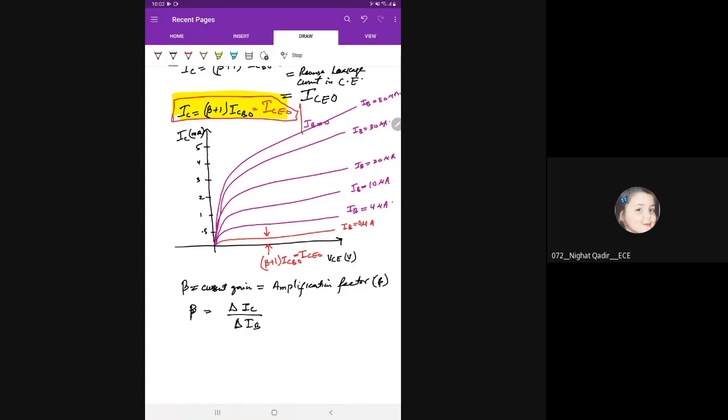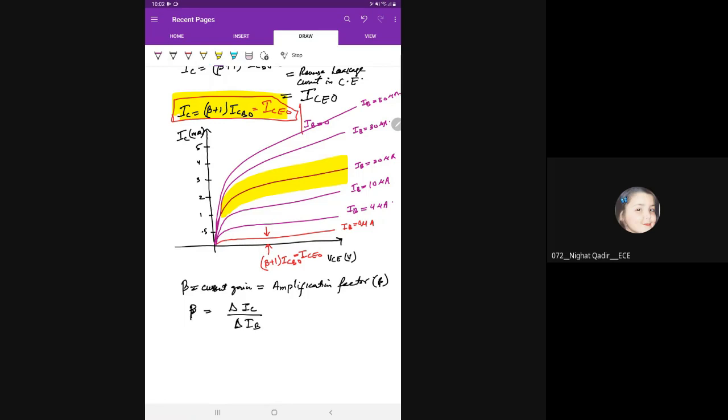Suppose you want to observe this line. Then we can observe the changes.